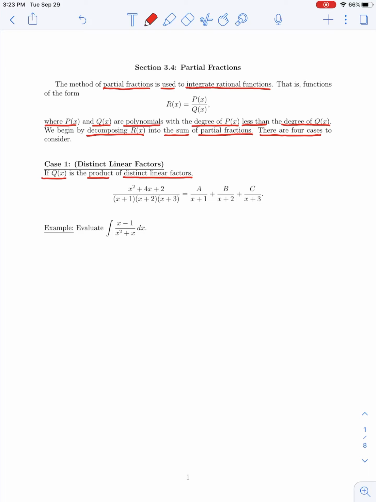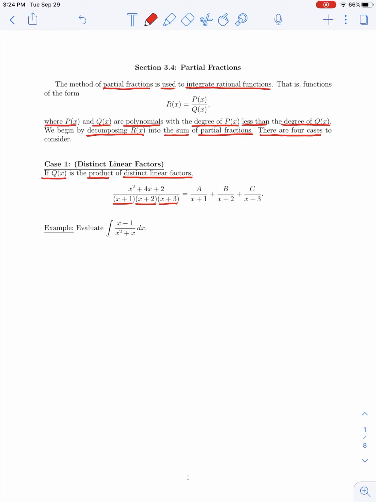As an example, suppose we have a rational function where our denominator can be factored into the product of linear factors, that is, factors of the form ax plus b, where all 3 of these factors are distinct. None of them is a repeated factor. There is no x plus 1 squared or x plus 3 squared, but all of these factors appear only once.